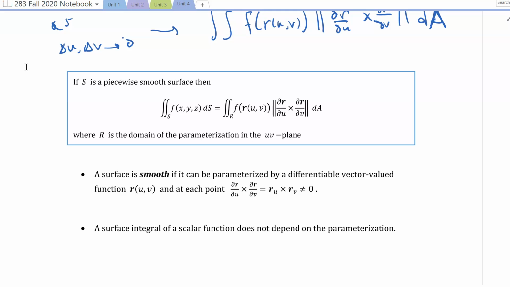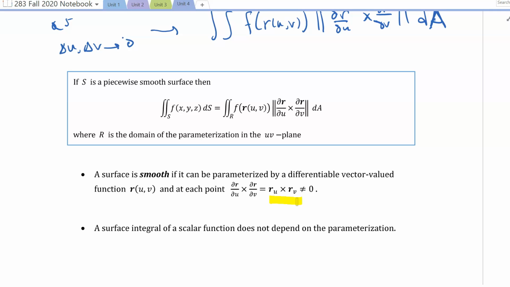A couple of the bullets below: we call a surface smooth if it can be parameterized by a differentiable vector valued function such that the cross product of the partial derivatives, which we'll write using the del notation and also using the subscript notation underlined here in yellow, is not the 0 vector, so it doesn't have magnitude 0. Then we call the surface smooth.